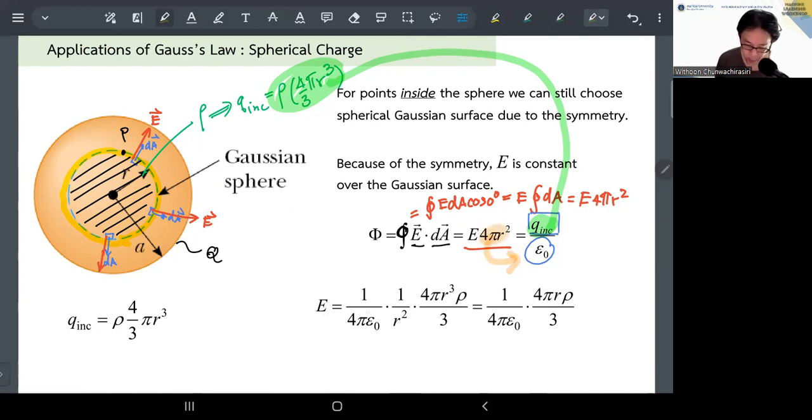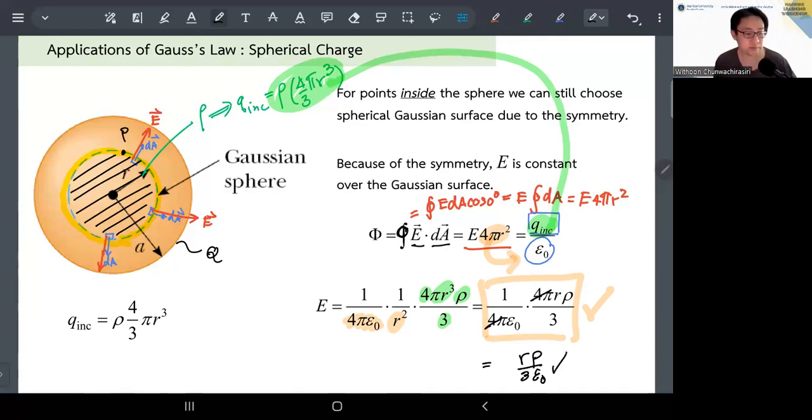So E is 1 over 4 pi epsilon naught, r squared is there, and you replace Q included by four thirds pi r cubed times rho. That is the charge included. And that's it, you are done. You can cancel 4 pi if you want to make it nice and clean, but at least you get the end result. It looks like r rho over 3 epsilon naught, and you are done.